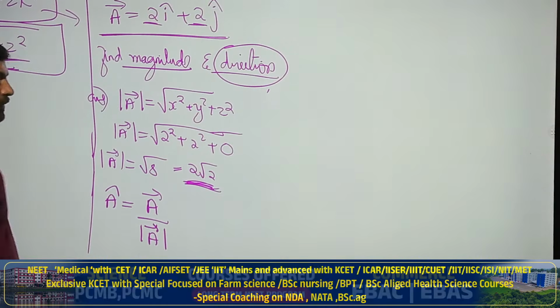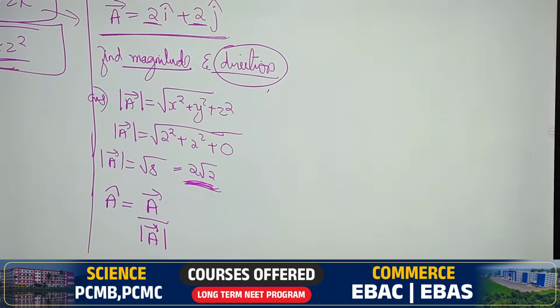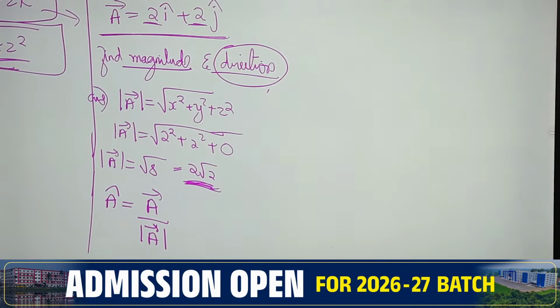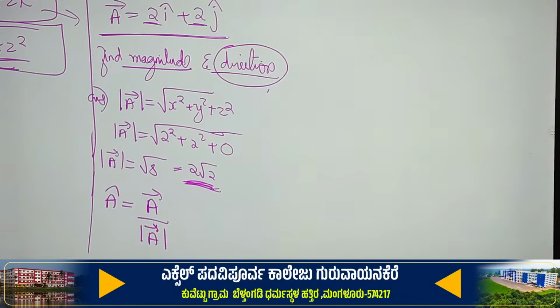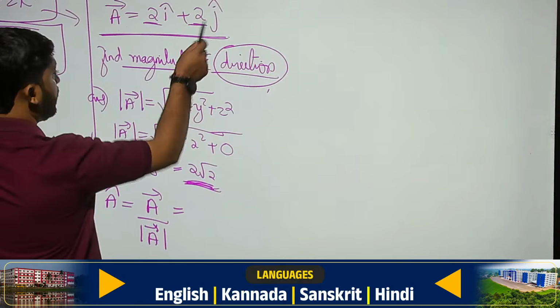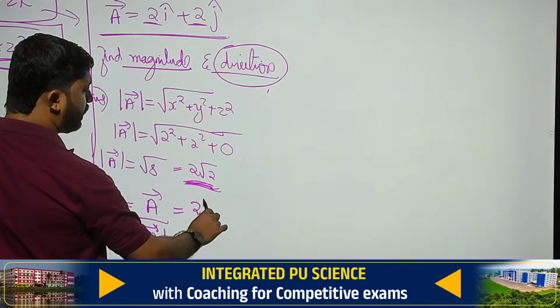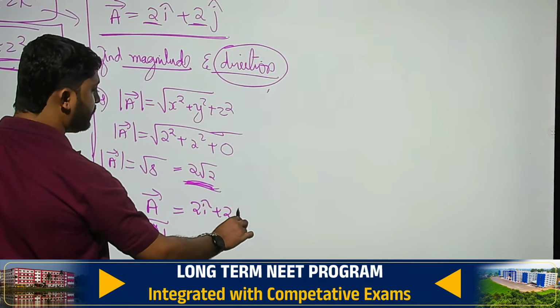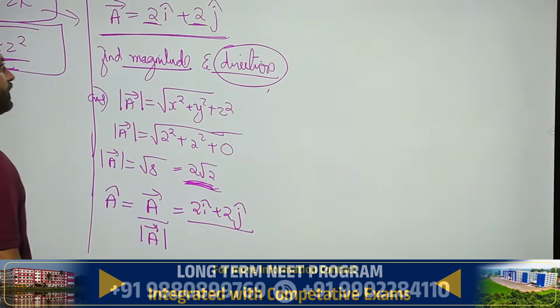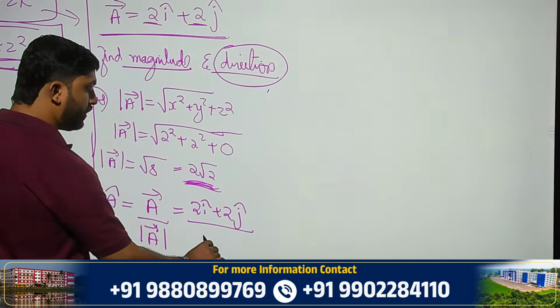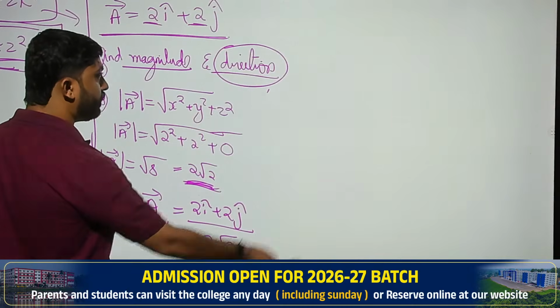How to find the unit vector? The given vector divided by its magnitude. If you use this, what is the given vector? It is 2i cap plus 2j cap divided by, what is the magnitude? It is 2 root 2.